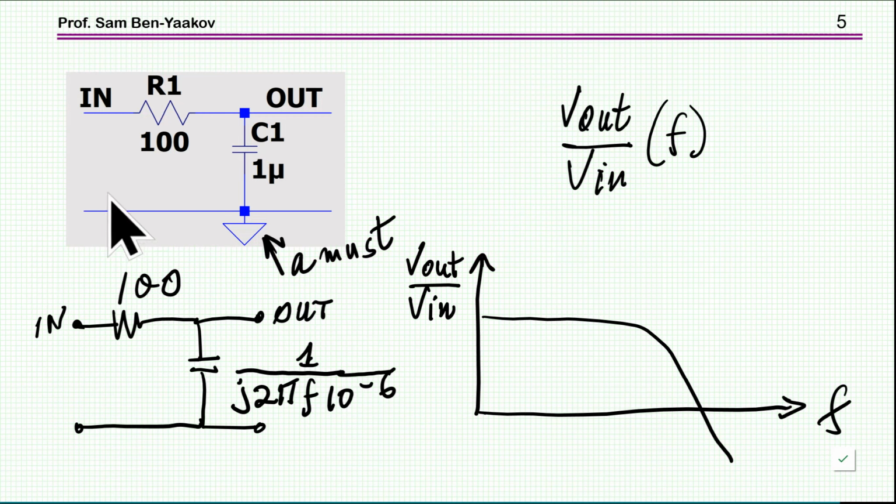Suppose I'd like to get a transfer function between the input and output of this low-pass filter, R and C. So I want Vout over Vin as a function of frequency. I want something like this. What happens in SPICE is that it will replace the capacitor by 1 over j 2 pi f 10 to the minus 6, 1 microfarad.